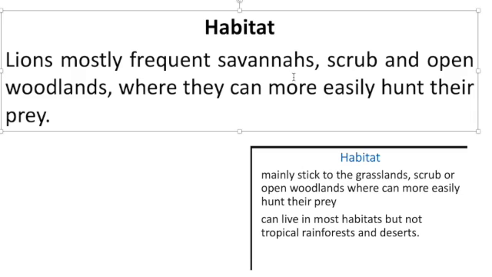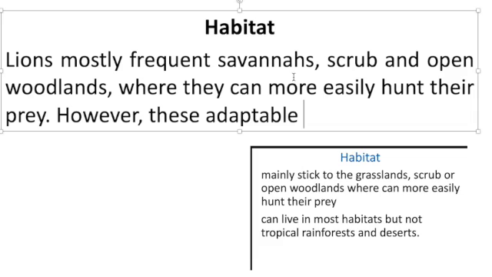And then it says in my notes, can live in most habitats but not tropical rainforests and deserts. Now, if an animal can live in different places, we say that it is adaptable because it can adapt, it can suit its surroundings. Human beings are very adaptable. We live in all habitats. So I'm going to say, however, these adaptable felines means cats.